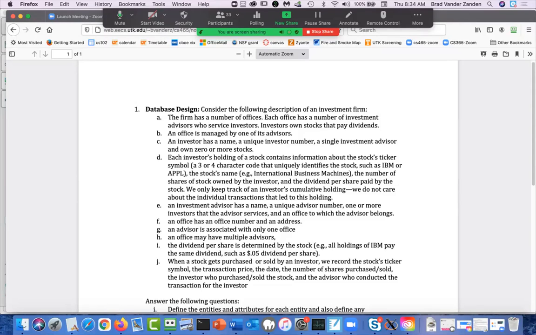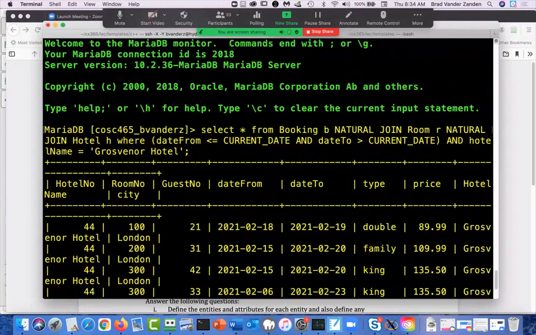The second thing is a number of you on problem 6 came close, but had 3 points deducted for the following issues. You were asked on problem 6 to give a sum of all the prices at currently occupied rooms in the Grosvenor Hotel.